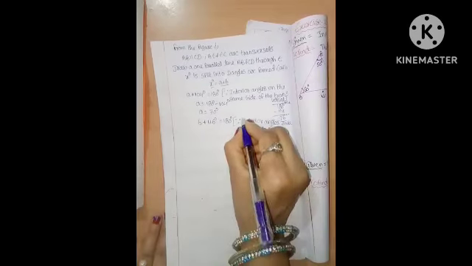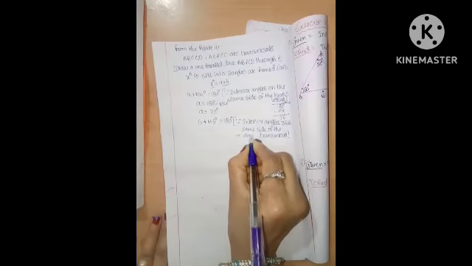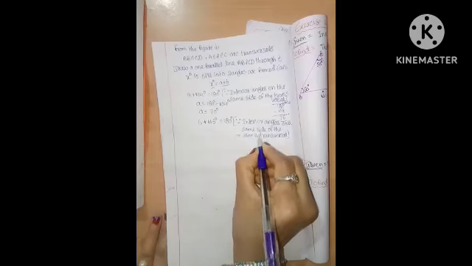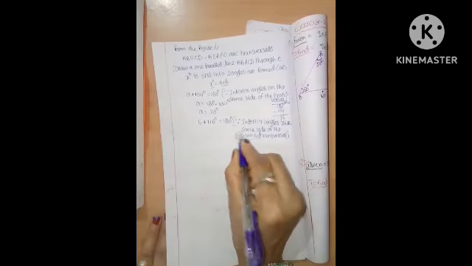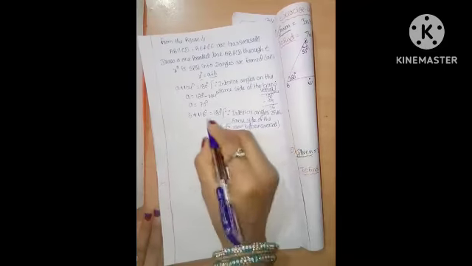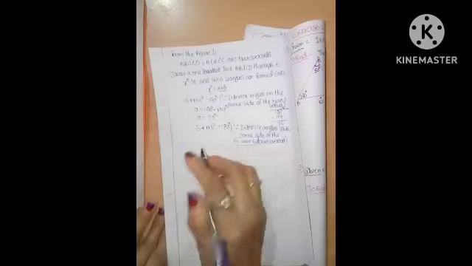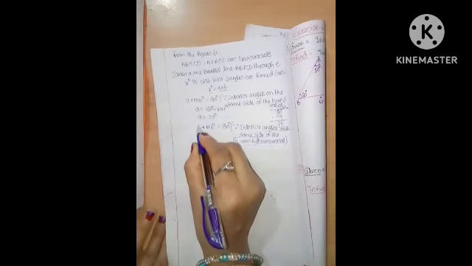Otherwise the simple one is also the above property, or here it is also used. By using this property we will get angle B.